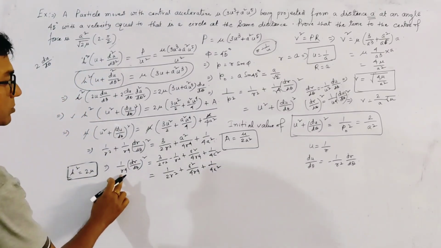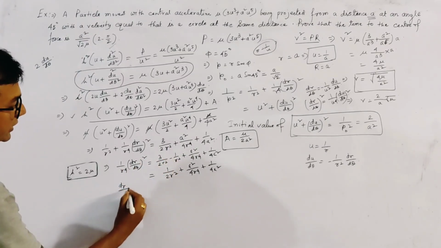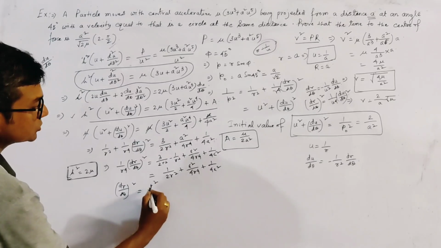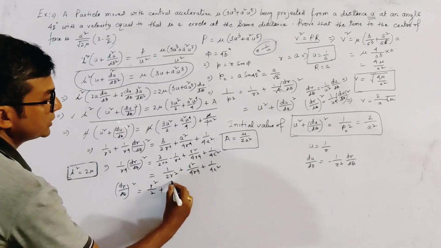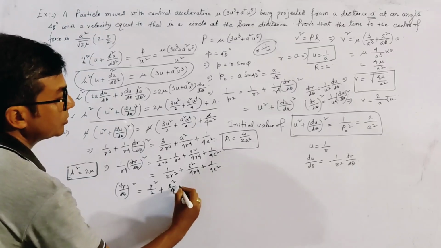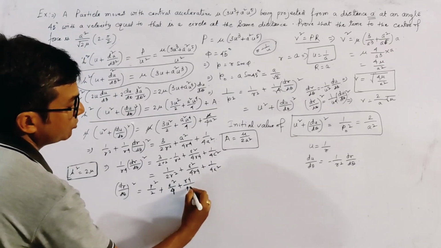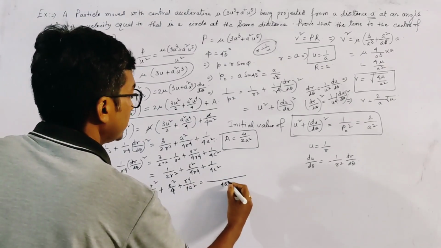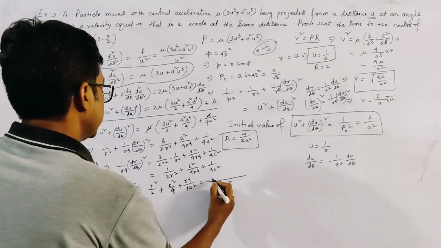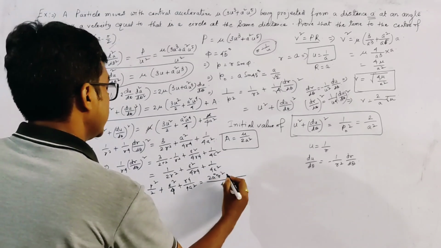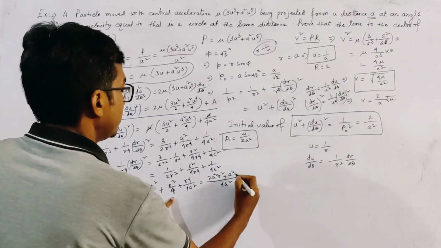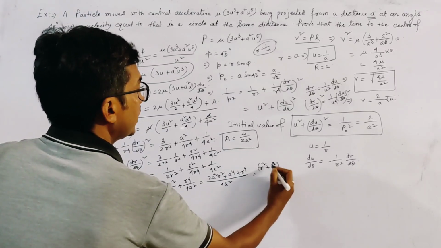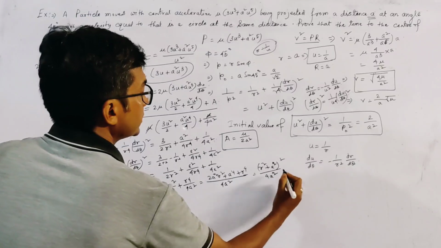Now we multiply r to the power 4 on the right side, we get dr d theta whole square equal to r square by 2 plus a square by 4 plus r to the power 4 by 4 a square, and this is given by 4 a square into 2 a square r square plus a to the power 4 plus r to the power 4, so this is r square plus a square whole square by 4 a square.